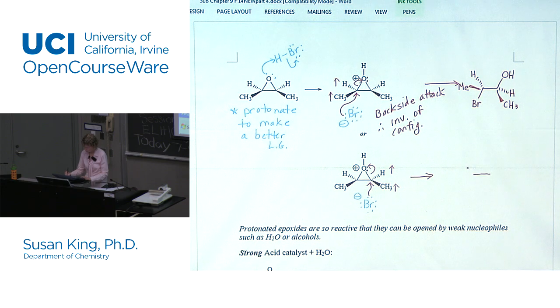So now here's what it looks like. This is the other enantiomer. We move the hydrogen up a little bit, we move the methyl up, but they're still in the same orientation. On the left-hand side, we keep the groups exactly the same way that they are, because we haven't attacked that carbon. There is no inversion on the left-hand side. So it looks like that. And these guys are a pair of enantiomers.